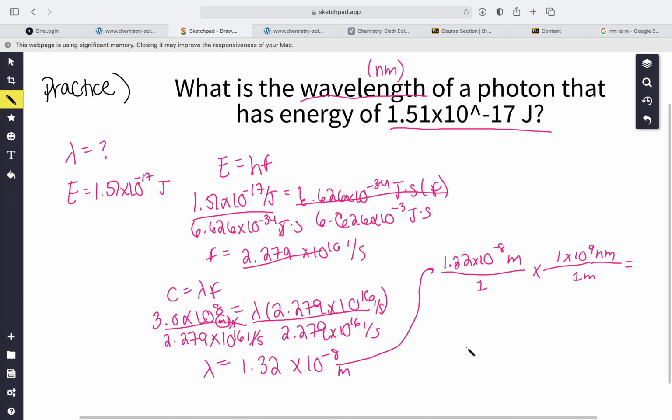And our final answer is going to be times 10 to the 9th. It's going to be 13.2 nanometers. So that is our final answer for that problem.